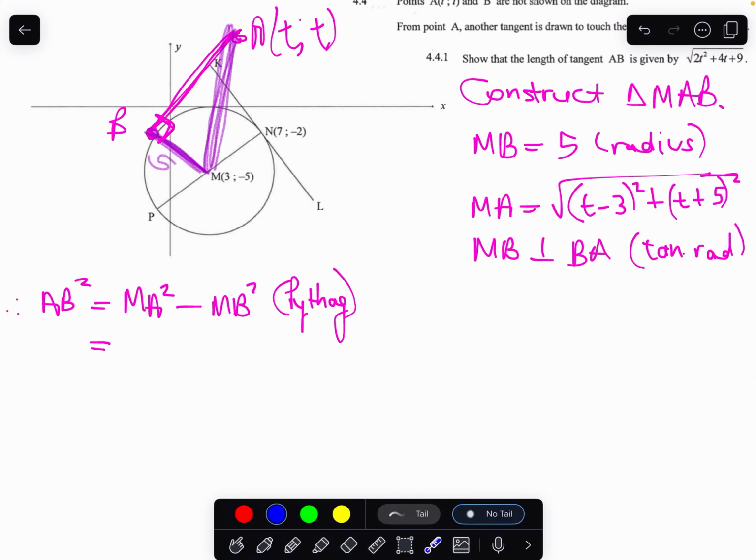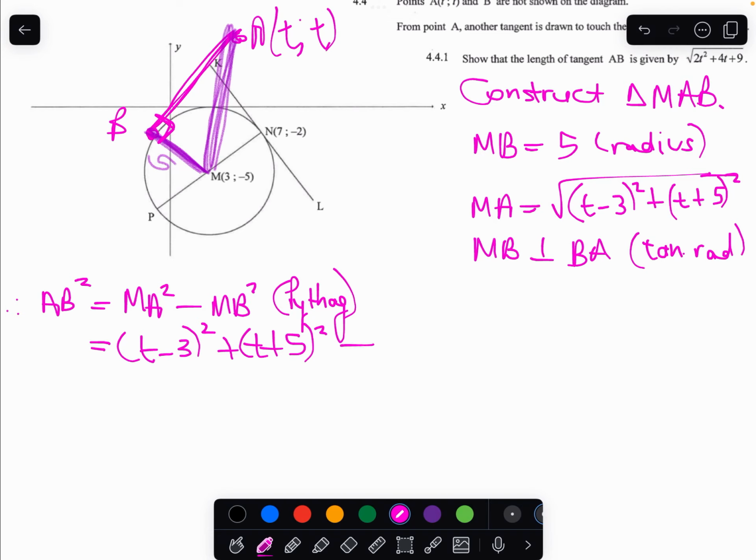Because we're square rooting and then squaring, they're going to cancel out. So that will be (t minus 3) squared plus (t plus 5) squared minus MB squared. So 5 squared, which is 25.